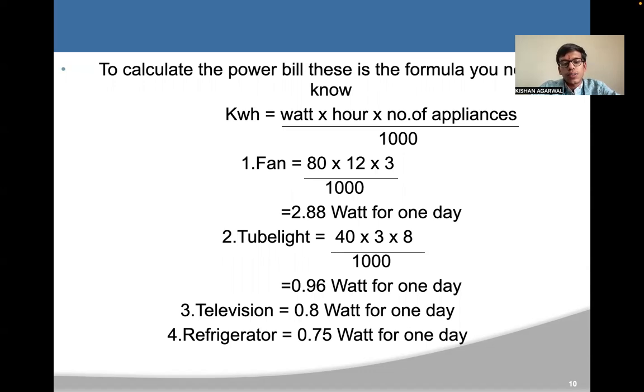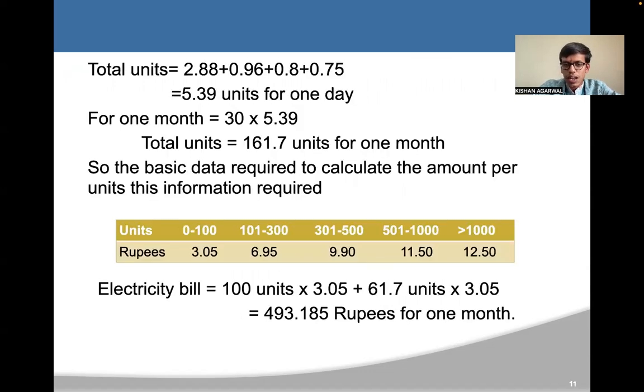Then I've calculated for fan, tube light, television, refrigerator and added it. This is how the total units can be calculated, and then multiplied with the rate, which will be different for different localities.